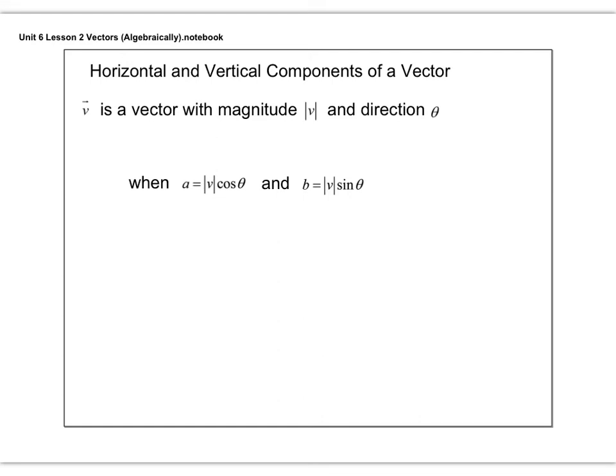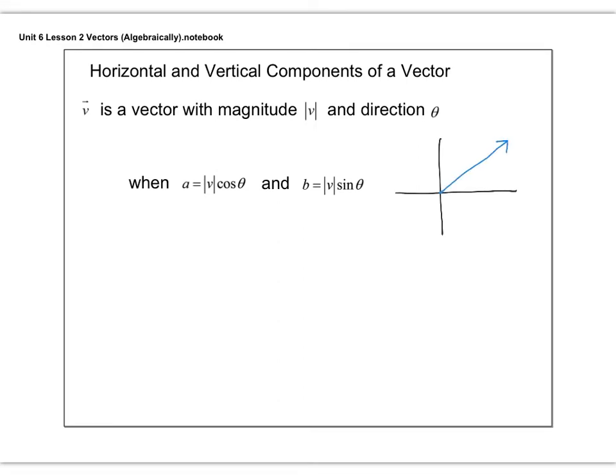Let's talk a little bit more about the horizontal and vertical components of a vector. Vector v is a vector with magnitude, the absolute value of v, and direction theta. Let's draw that. I'm just going to take a little time and sketch a vector over here. Let's say this is vector v right here.